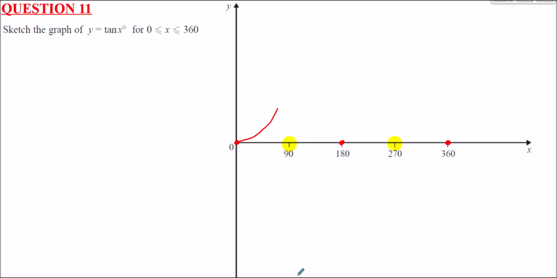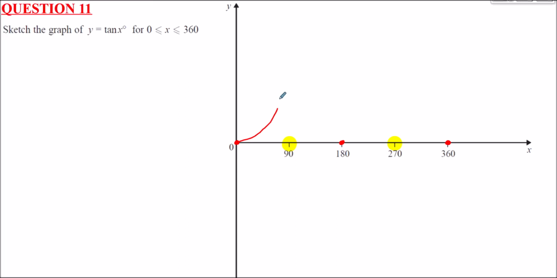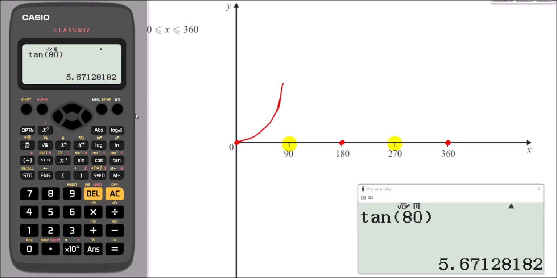So what's that about? Well, let's try tan 80 next. It's gone up loads from tan of 70, so it's going up really steep now. As it gets close to tan 90, obviously we know tan 90 just blows a calculator up. What about tan 89? That's really big. How about tan 89.999?